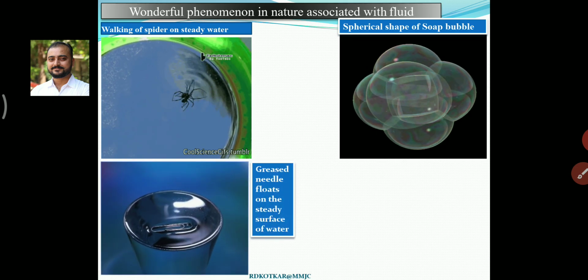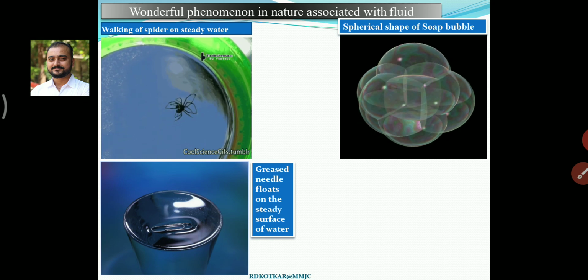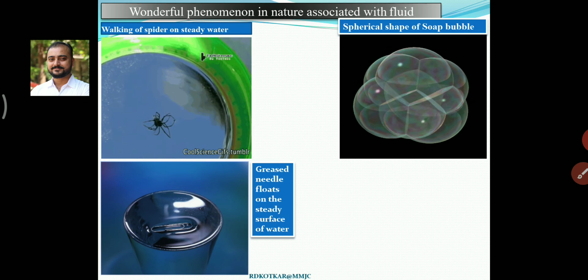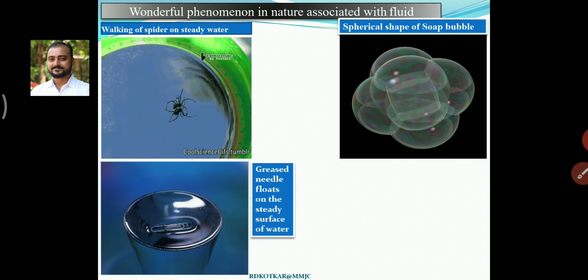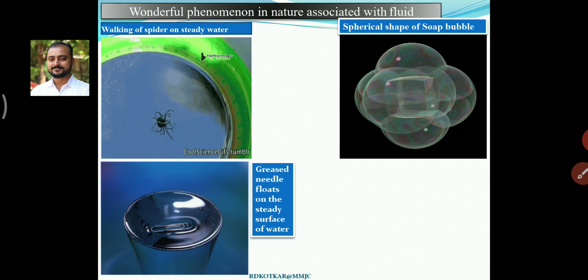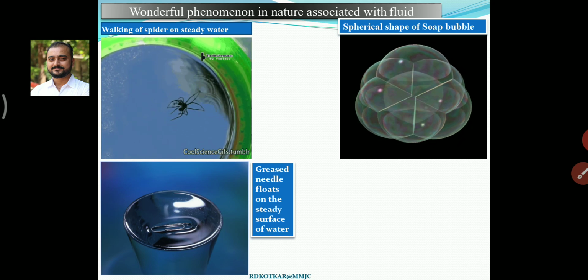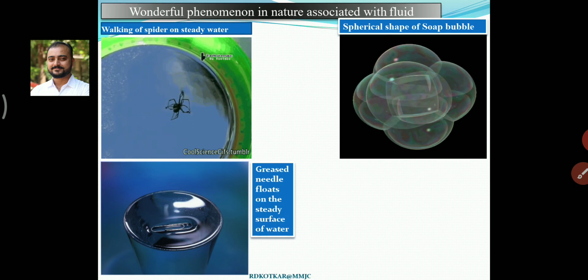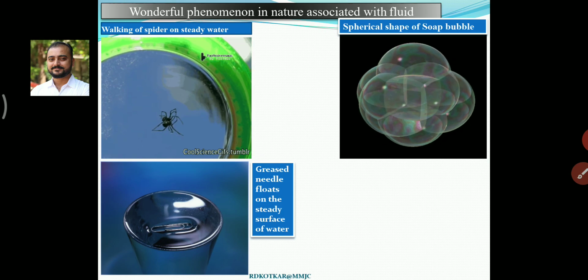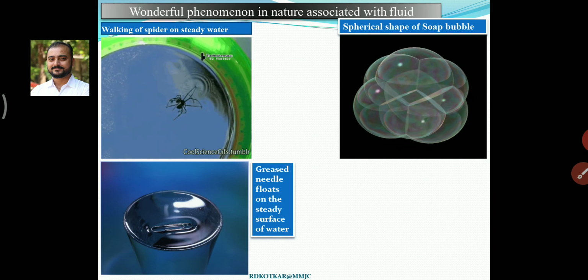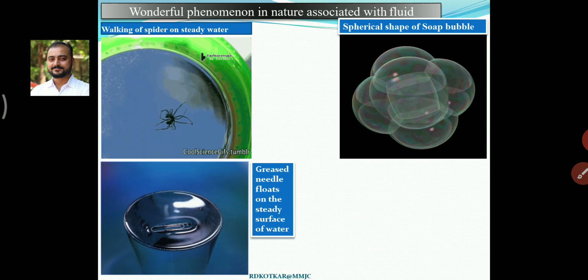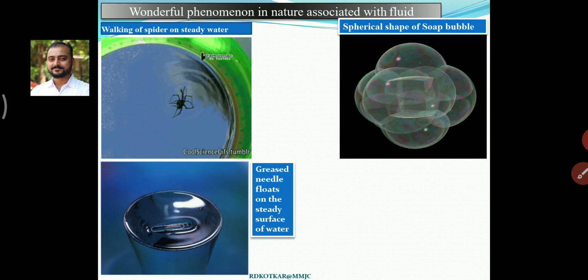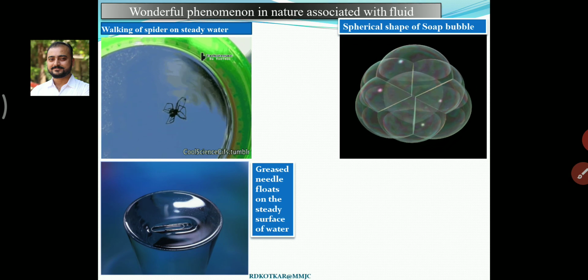Here, the greased needle floats on the steady surface of water. Practically, if you put a needle on the surface of water, that needle will dip inside, or it will not float on the surface of water. But when it is greased, it may float on the surface of water under some circumstances.